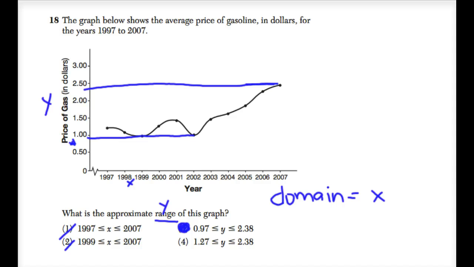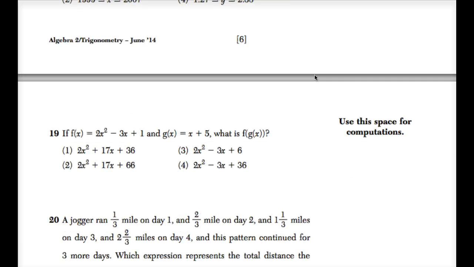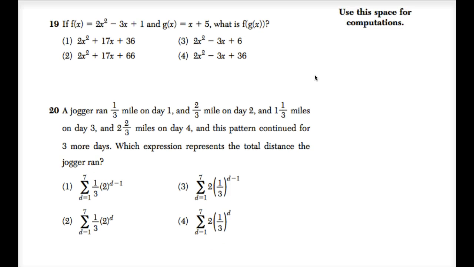On the next page, we have number 19, which we should have known. This is from Unit 1. If f of x is equal to 2x squared minus 3x plus 1, and g of x is x plus 5, the question says, what is f of g of x? So first of all, what is g of x? We know that g of x is in red, which is x plus 5.